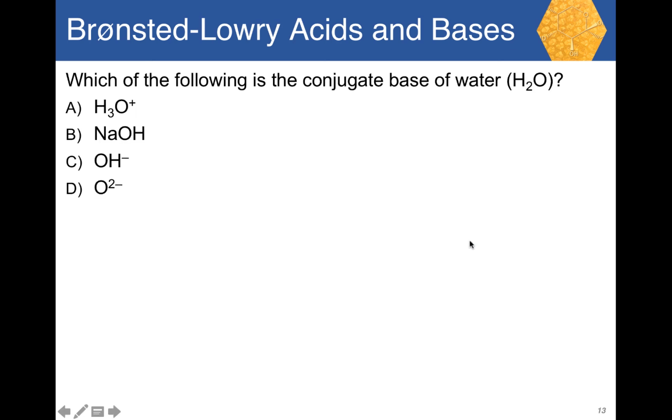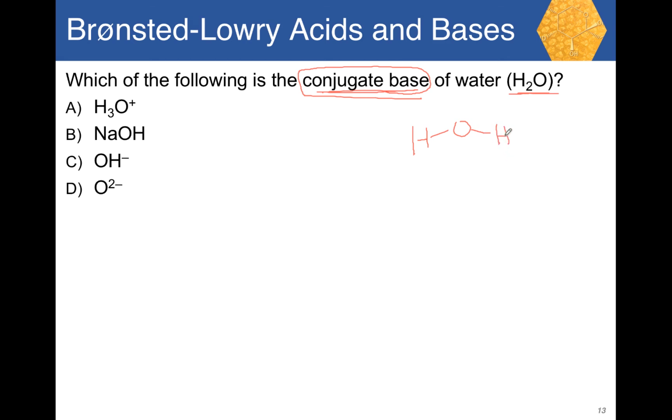Let us apply that to a possible question that you may see on the quiz or on the test exam. So the question is, which of the following is the conjugate base of water? So we need to determine the conjugate base. In other words, now we have water, HOH.